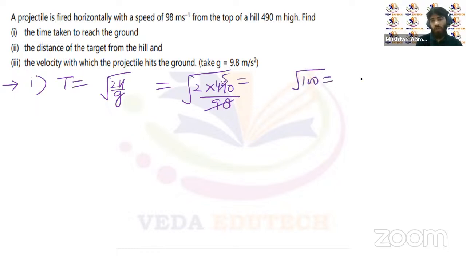So root 100 is equal to 10 seconds. It means that the time of flight for this projectile will be 10 seconds, so it will take 10 seconds for the projectile to strike the ground.